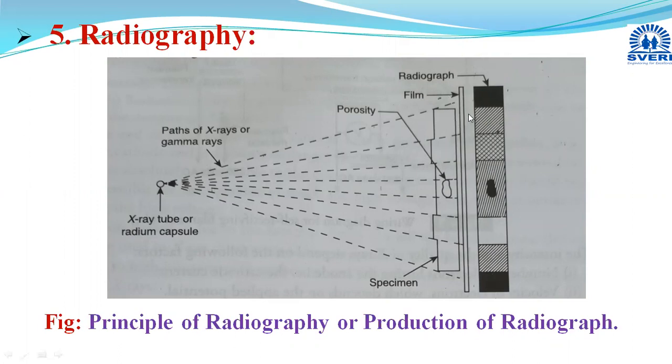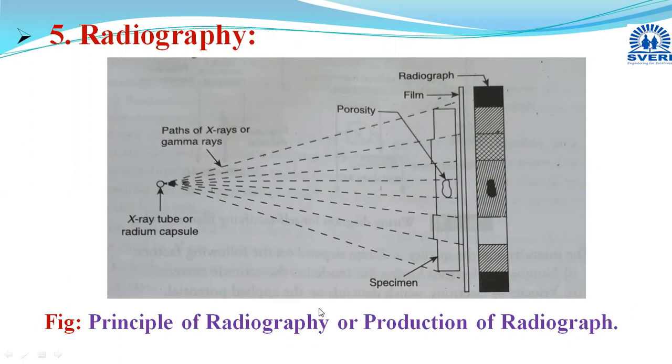At the end, with the help of a film, whichever rays pass through the component are collected, and their pattern is obtained on the film. If you have used X-rays as the source, the film obtained is termed an exograph. If we used gamma rays, that film is termed a radiograph. So this is the principle of radiography.